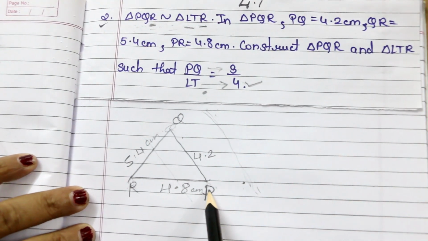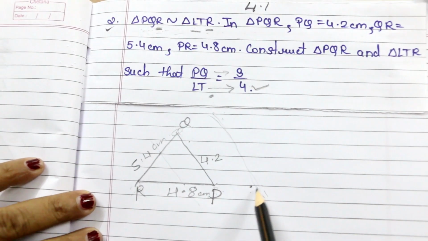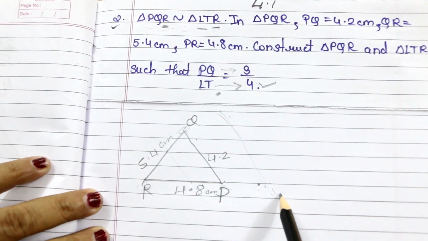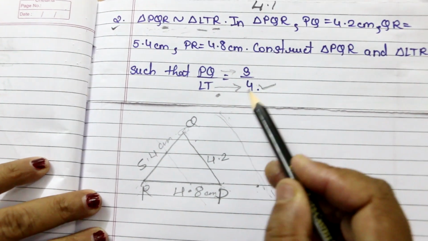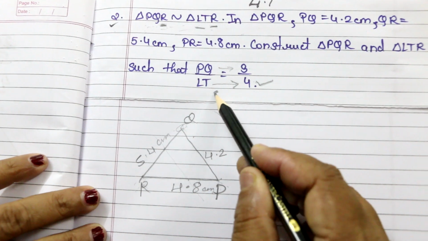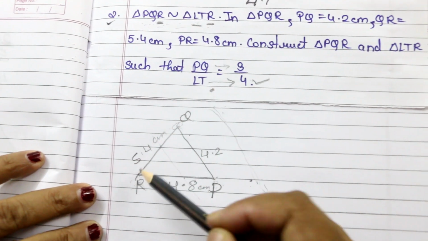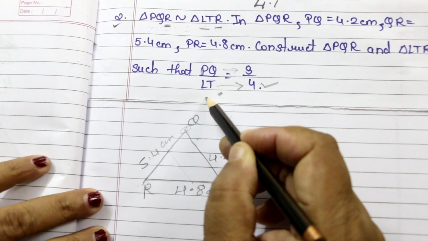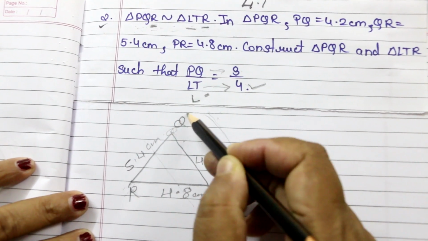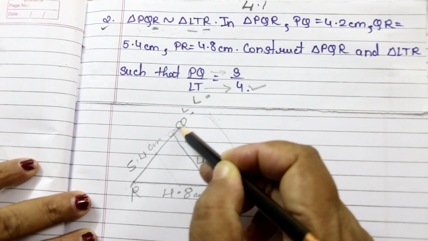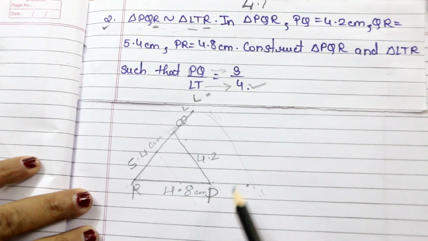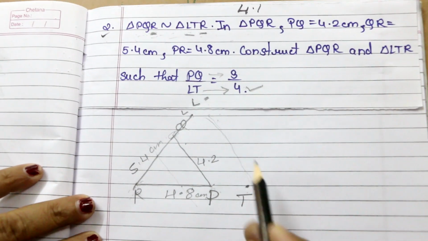That means PQR is inside and LTR is outside. So here L, LR, L will come here. Let us take L here. This is LR and this is TR.